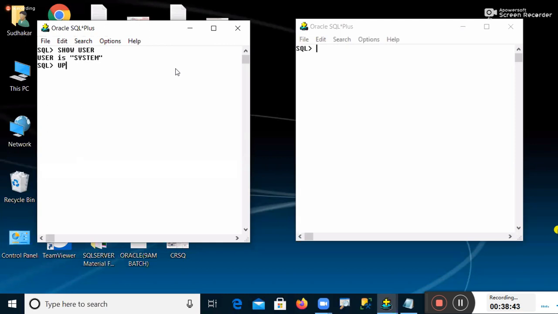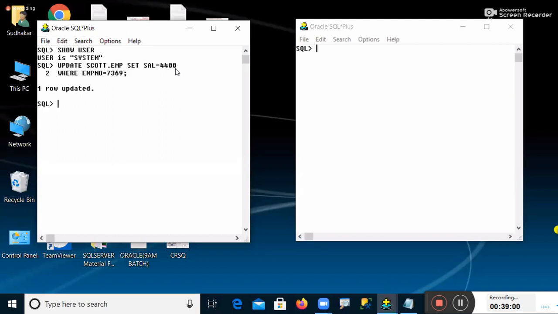Okay, so update Scott.emp set salary equal to 4400 where EMP number is 7369.